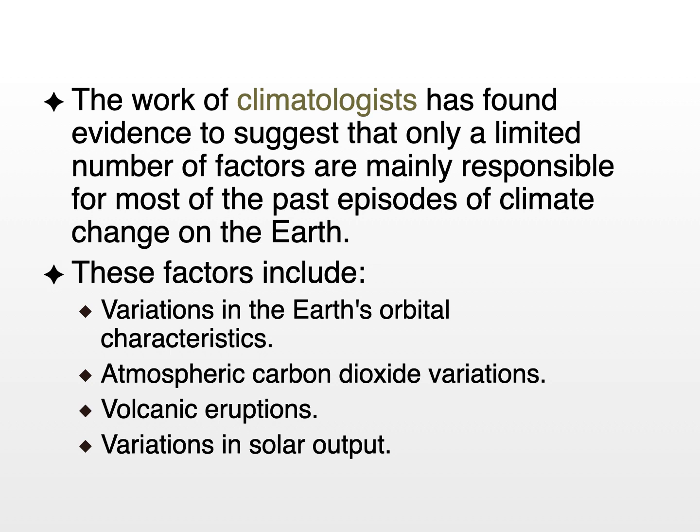We'll look at short-term variations in climate that can occur because of volcanic eruptions that release sulfur dioxide in the atmosphere. And then finally, we're going to look at variations in solar output. And variations in solar output may explain the cooling of the climate that occurred during the Little Ice Age.